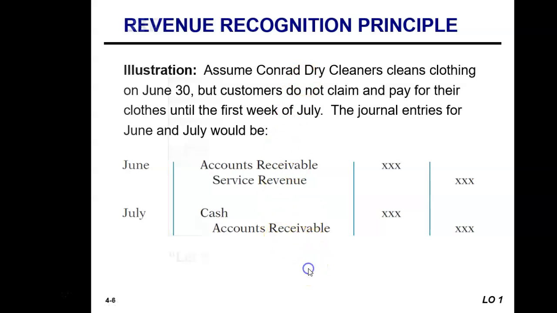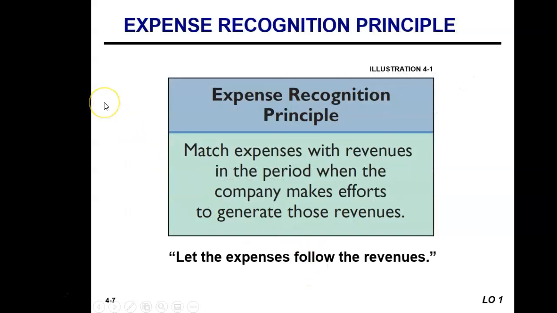Okay? Next, you have your expense recognition principle. We're saying, at what point in time do we recognize and record our expenses? Well, the rule says match expenses with revenues in the period when the company makes efforts to generate those revenues. I'll read again.